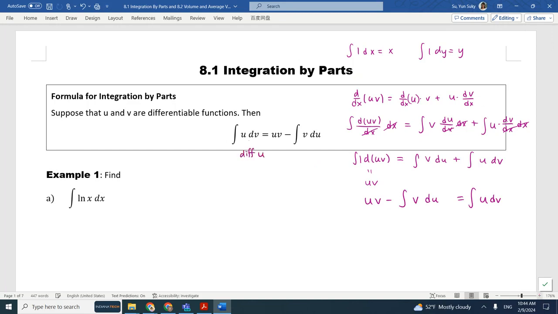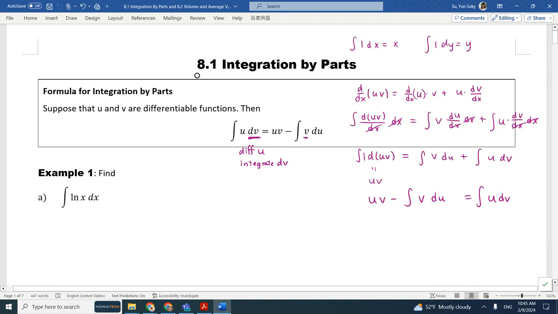And do you see dv? We start with dv and we want to get v, so we want to integrate dv. So u is something we can differentiate and make the problem easier. dv is something we can integrate and the problem is not that hard. Okay, so keep that in mind.